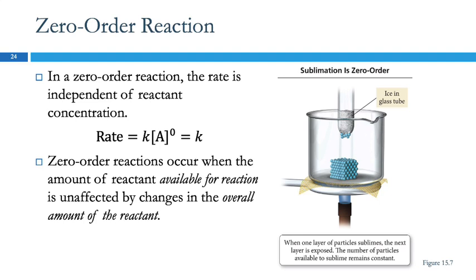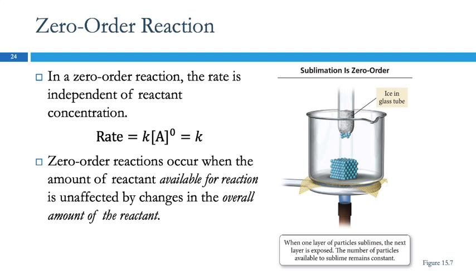Not really. I mean, I suppose you could use the density and find out how many moles per liter are in the solid, but it's just pure substance, right? What happens here is as the reaction goes on and material goes into the gas state and then condenses up here, the amount of material that's available to react is the same because this top layer sublimes and what's underneath?